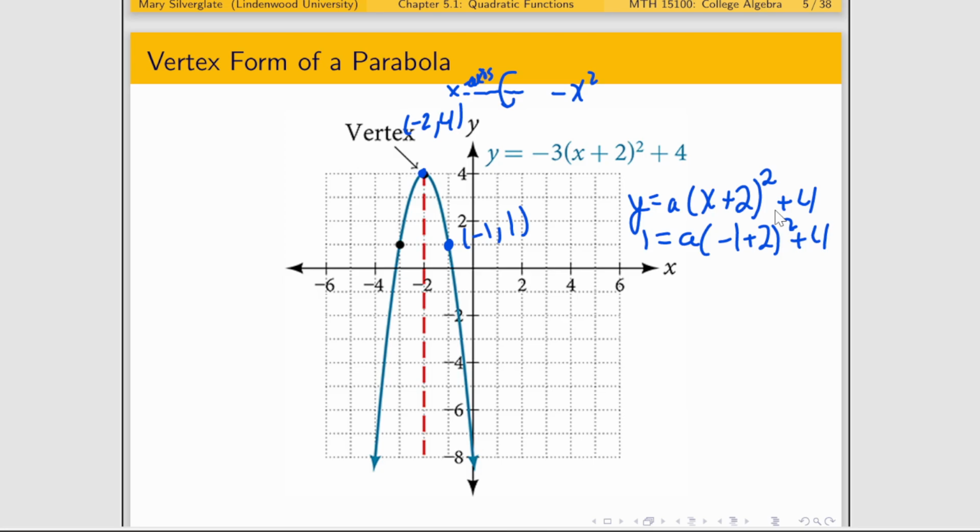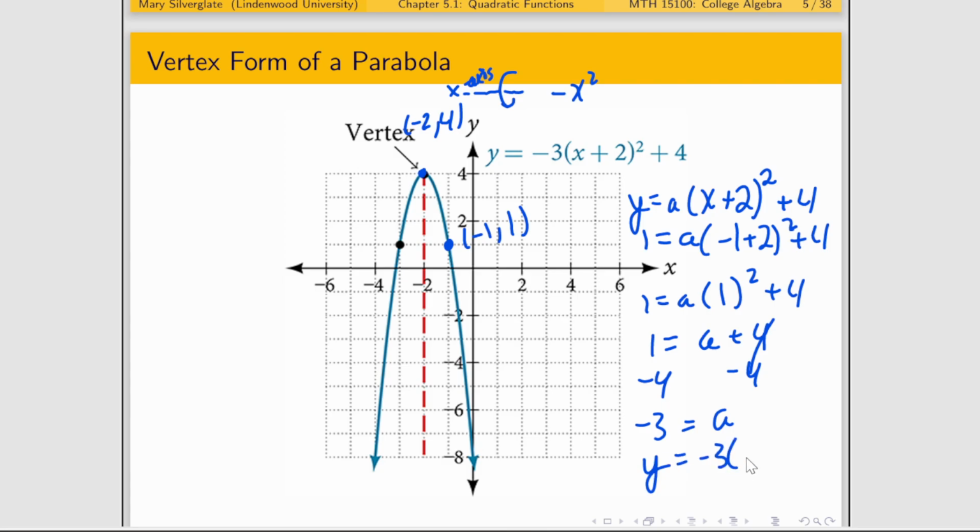Now I follow order of operations, so I want to simplify inside the parentheses first. -1 plus 2 gives me 1. 1 squared is just 1. A times 1 is just a. And then as a final step, I need to undo adding 4 by subtracting 4 on both sides, and I get a is equal to -3. So that tells me that my final equation is exactly what they noted: y = -3(x + 2)² + 4.